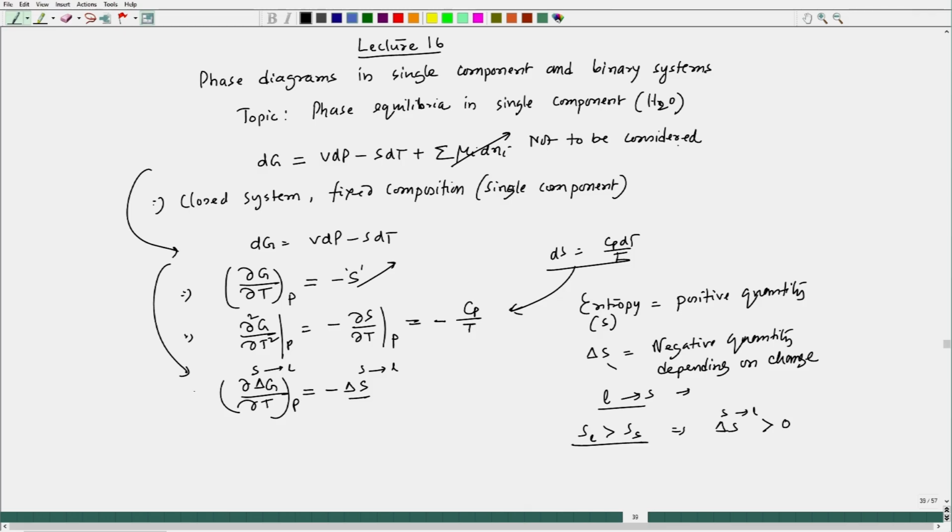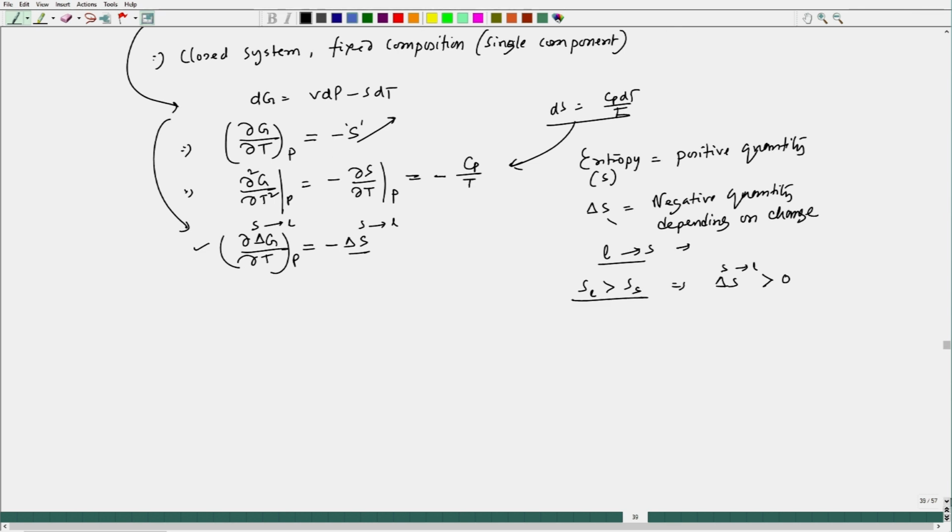So, that means if I try to see the slope of delta G with respect to T, then that slope would be negative. Similarly, G versus T would also have a negative slope, fine. Now let us see how that slope varies. Let me take first the solid phase, solid water phase, and we are changing temperature at a constant pressure, let us say 1 atmosphere.